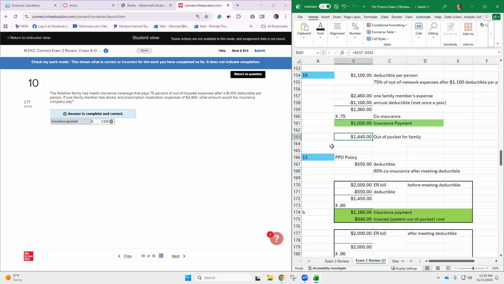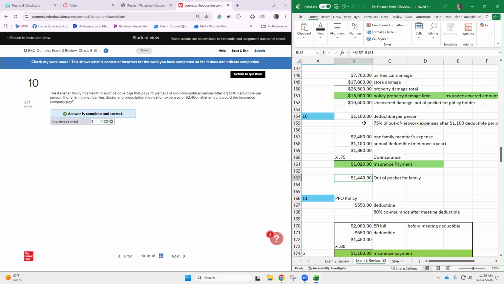Now they didn't ask for that, but if you add both of these up, it should come to the whole bill, because the whole bill will have to be paid. Insurance is going to pay some, and the family pays out of pocket. Now, just for kicks, I want to show you one thing.